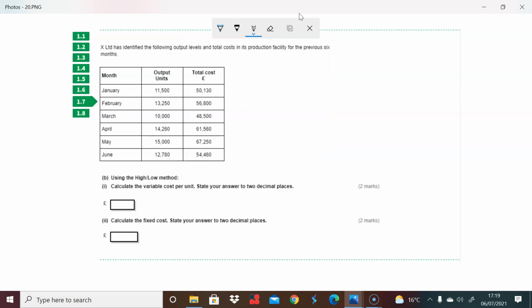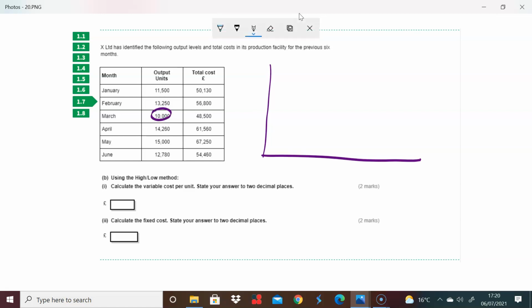Okay, great. So what we have here is a high-low method, linear regression, literally saying look for the lowest and highest activity. Lowest activity is March. Highest activity is May. So you have 10,000 because we're creating the idea of a straight line, and 15,000 if you like.